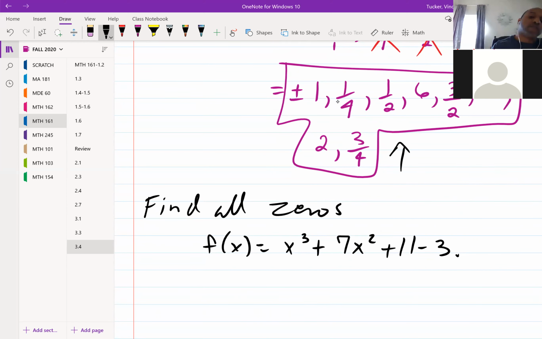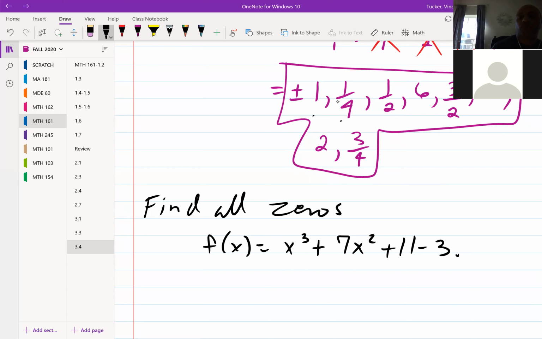So what you have to do is just plug them in until you find one that is a solution. If you were doing one in class, of course that would be time consuming. But since you guys are doing these at home and there's no timer, you should be okay with that, because like I said, the ones I would give wouldn't have a whole lot of solutions.